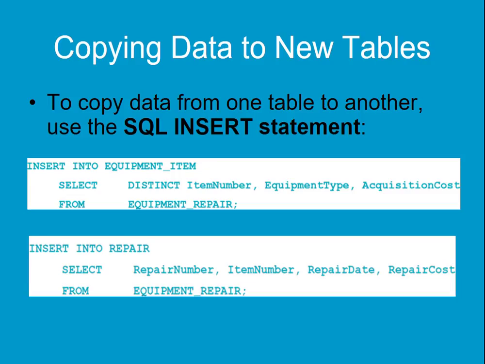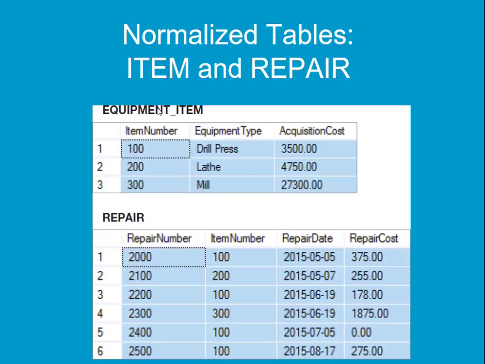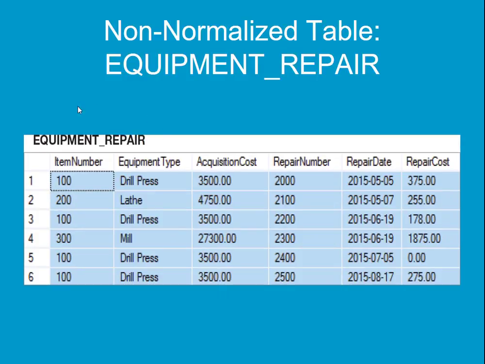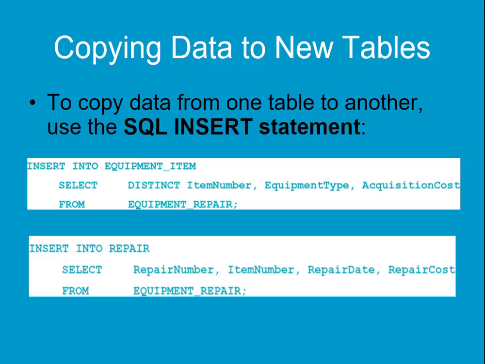And we could use SQL scripts, and here's an insert statement where we could insert into this new table, equipment item, a distinct item number, so we're going to eliminate that redundancy, the equipment type, and acquisition cost. Those are our three attributes for this entity equipment item. And we want to get that information from equipment repair, and equipment repair was our original table. So that's how we are creating that new entity from our original entity that was not normalized.